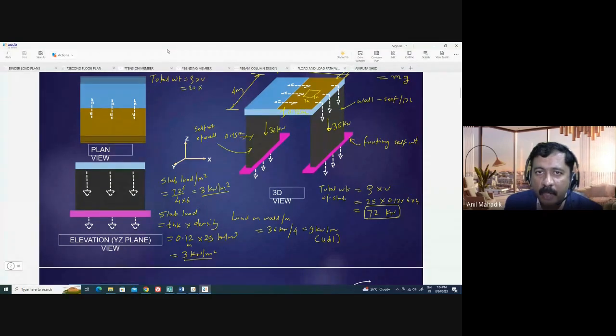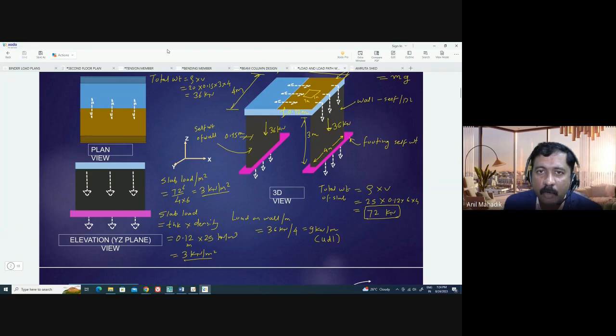Volume of brick, how much is it now? This is thickness into, let's assume height as 3 meters. Okay. 3 meter is the height of the wall and length of the wall is 4 meters. Height into length, 36 kilonewton, right?